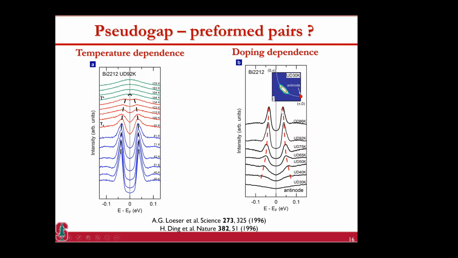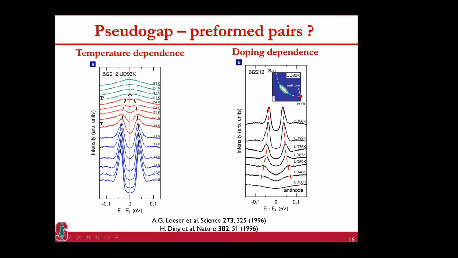Now, as you go into the underdoped regime, the superconducting transition temperature goes down, as you can see here. But the magnitude of the gap gets bigger. There's another phenomenon you can already see: the coherence peak gets smaller as you go underdoped. So these are the phenomenology.